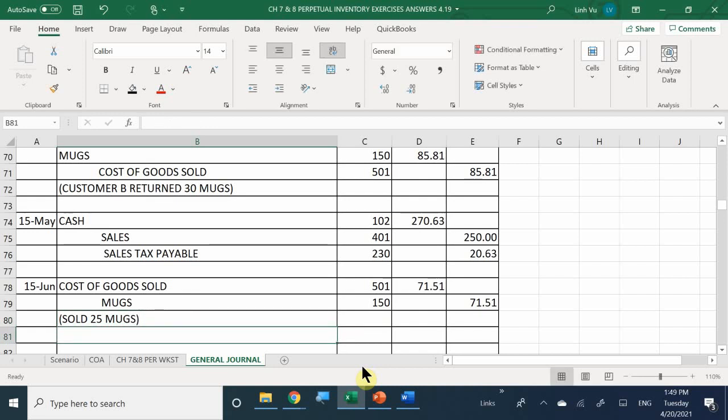You don't need to say at what price because it's pretty straightforward. If you sold 25 and it cost you a total of 71.51, you can simply divide 71.51 by 25 and you get the same exact answer. So there's no need to add extra information.